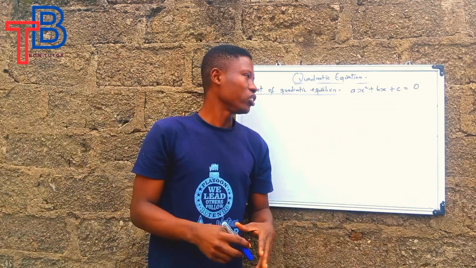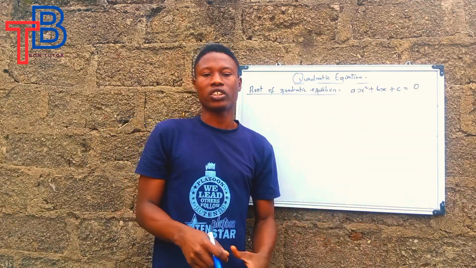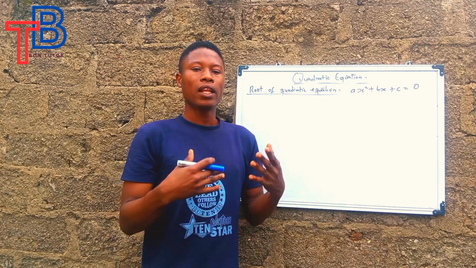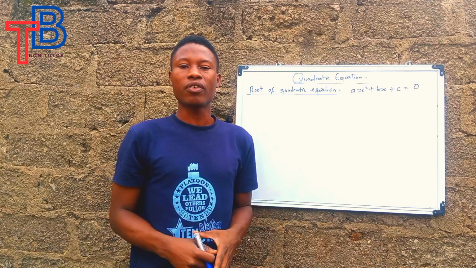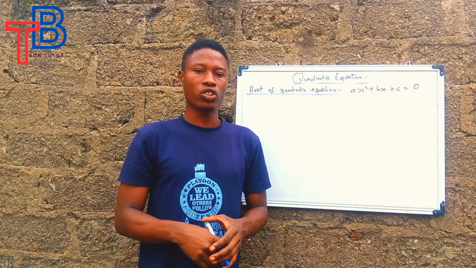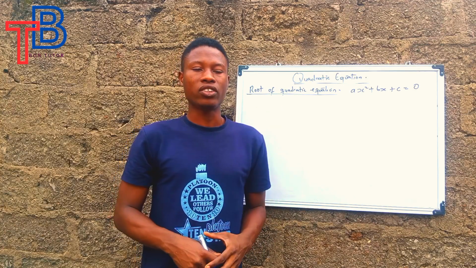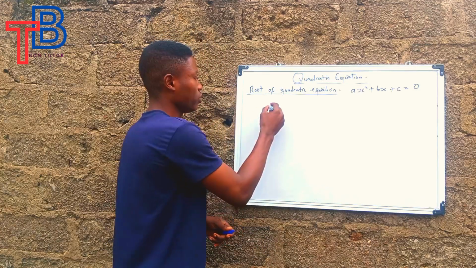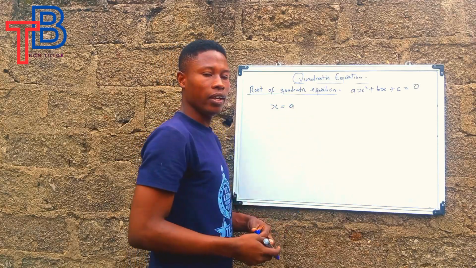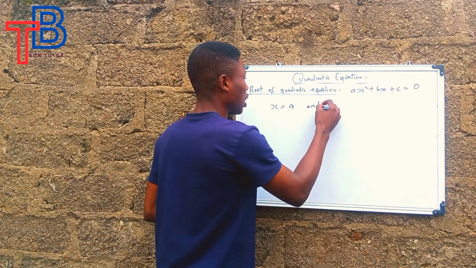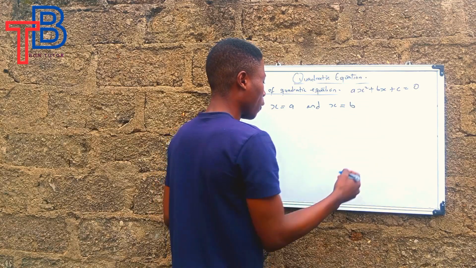This is a general formula for quadratic equation. But in this case, let's say we want to have a positive answer for our quadratic equation. And you remember, during factorization, we will have our x to be equals to, let's say, a, and our x to be equals to b.